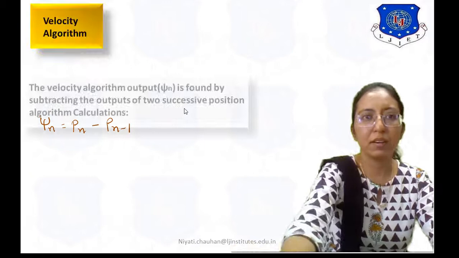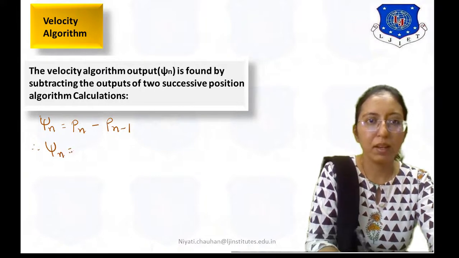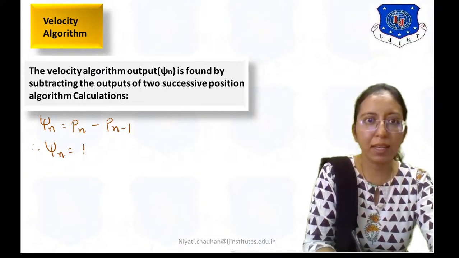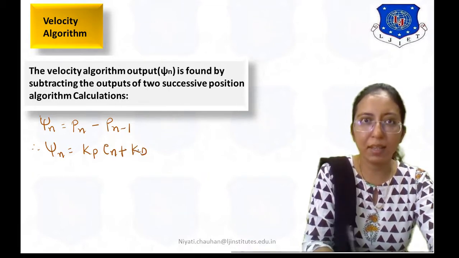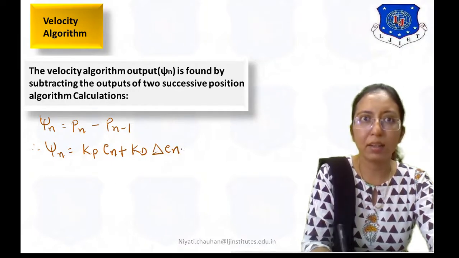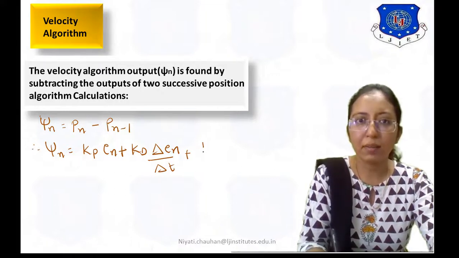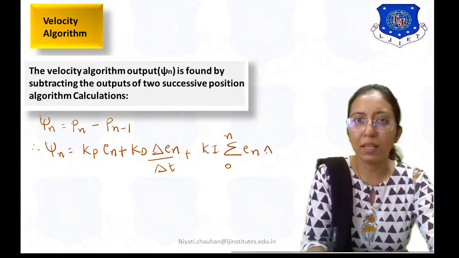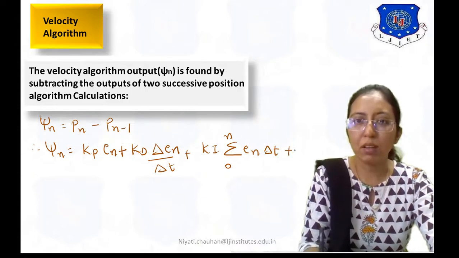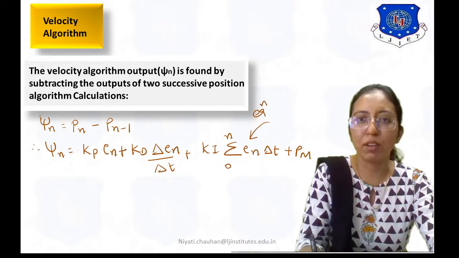Psi n is equal to, replacing Pn, Kp En plus Kd delta En upon delta t plus Ki sigma 0 to n En delta t plus P0. This equation I have written from equation number 1.